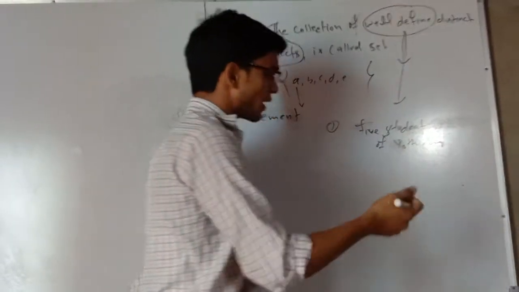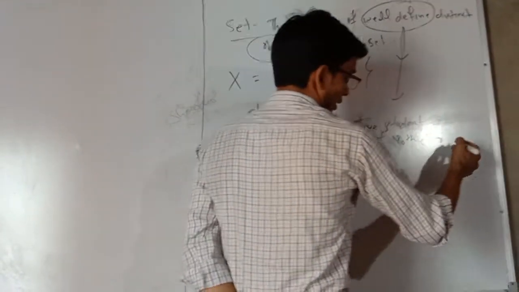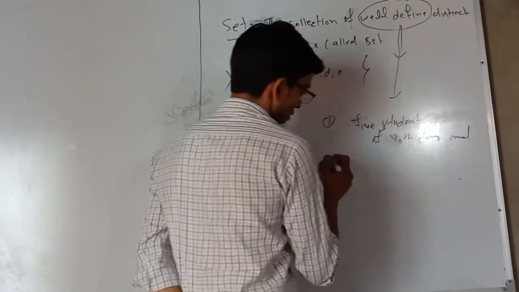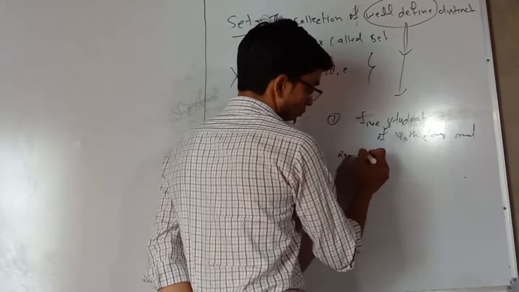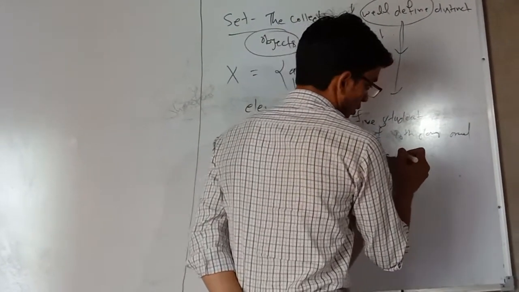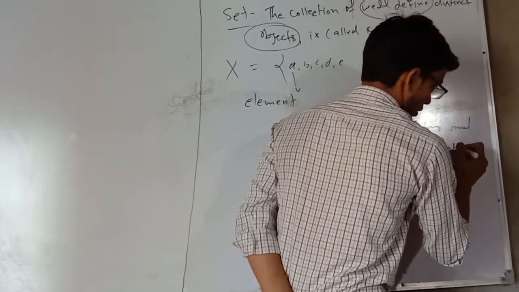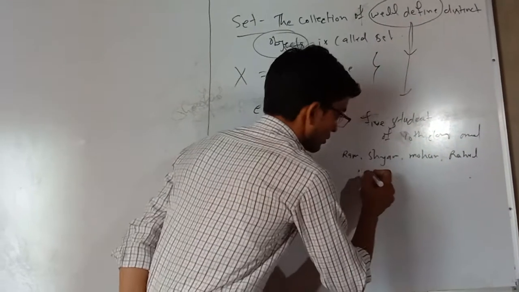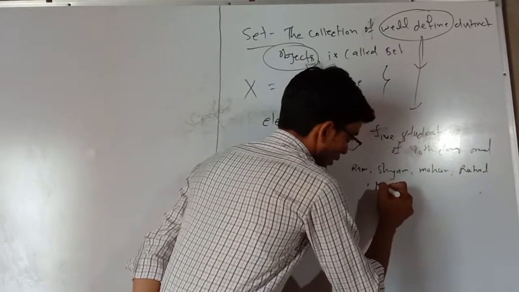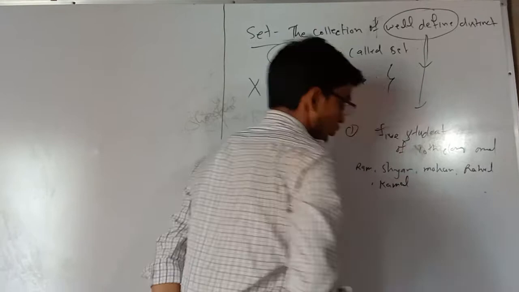Suppose there are 5 students of class 10, and their names are Ram, Shyam, Mohan, Rahul, and Kamal. So there are 5 students.